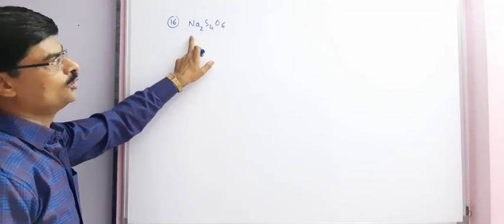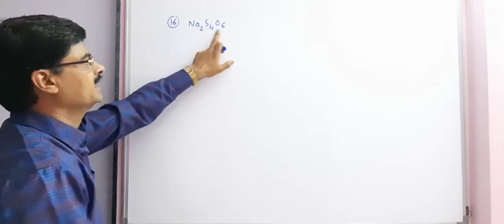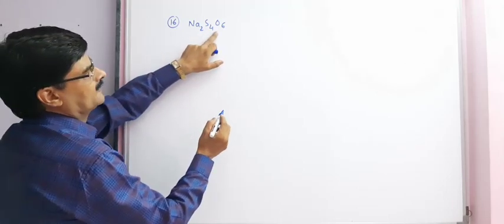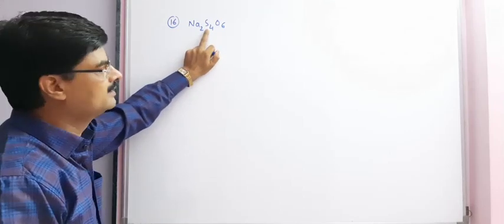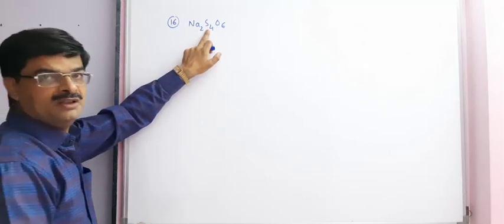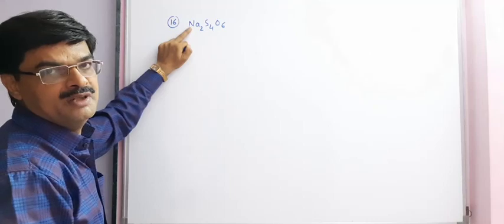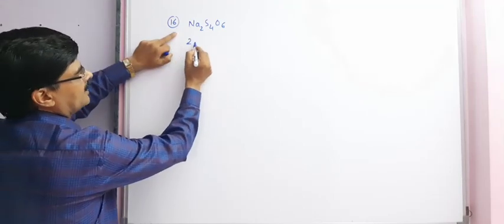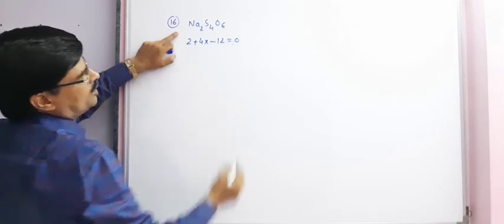Na2S4O6, sodium tetrathionate. First find out the sulfur oxidation state in Na2S4O6 by using the formula method. Taking the oxidation state of sodium to be 1, we get 2 ones are 2 plus 4x minus 12 is equal to 0.